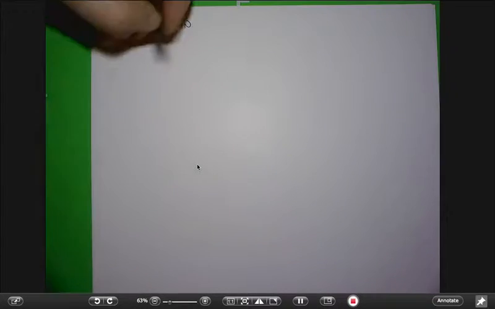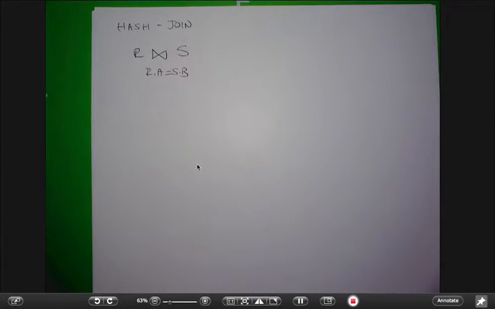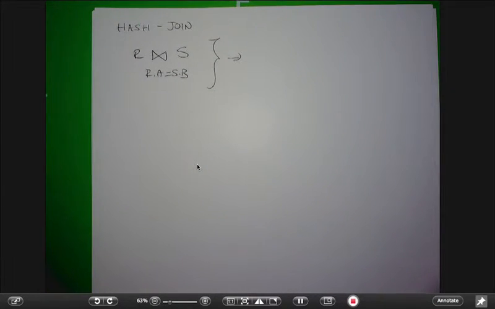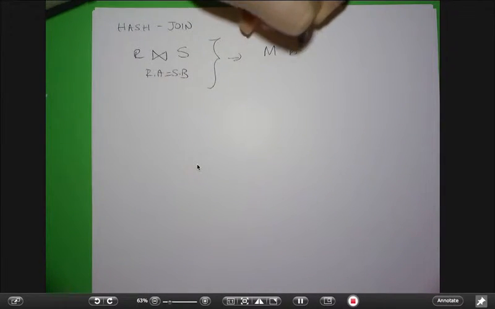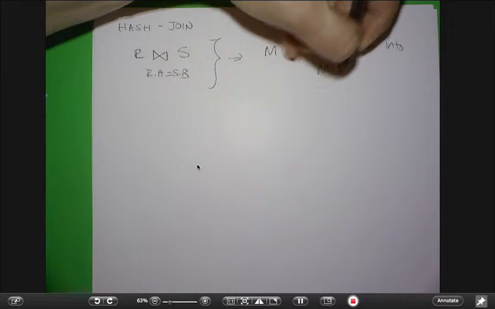So if you have, for example, R join S on R.A equals S.B, right? So your job is to find tuples in R and S that join on attribute A of R equals attribute B of S, right? So you will have some number of blocks, M blocks. So basically I'm going to hash into M buckets.